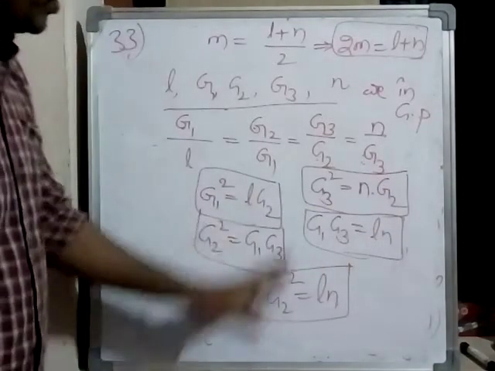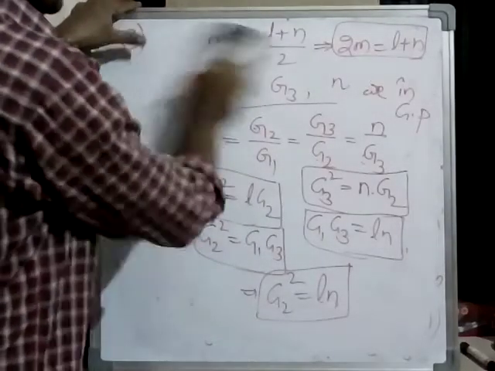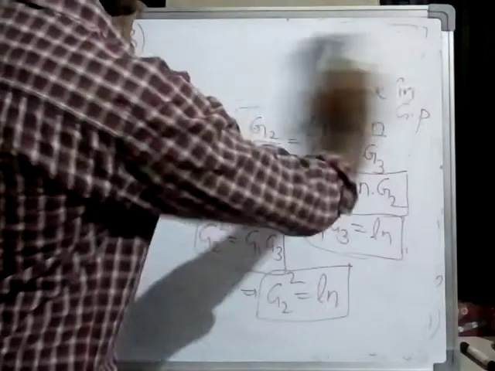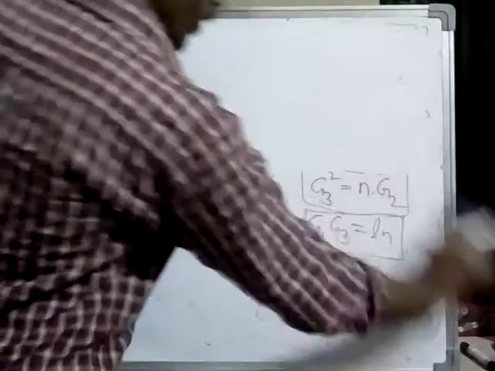Now substitute the G1, G2, G3 values. What is being asked?